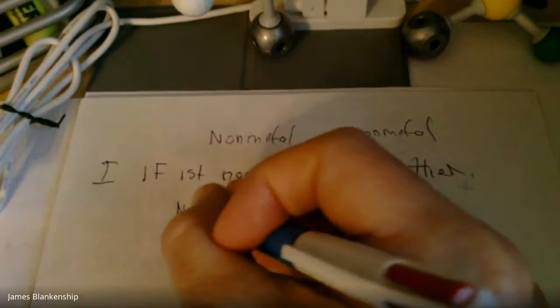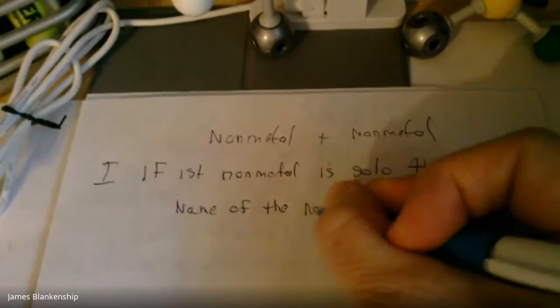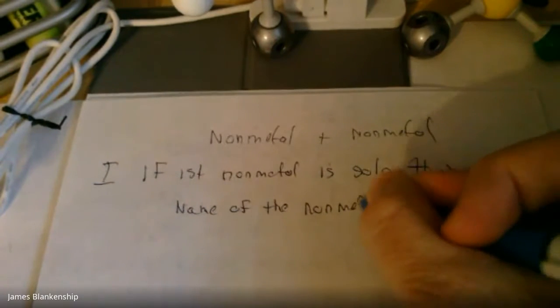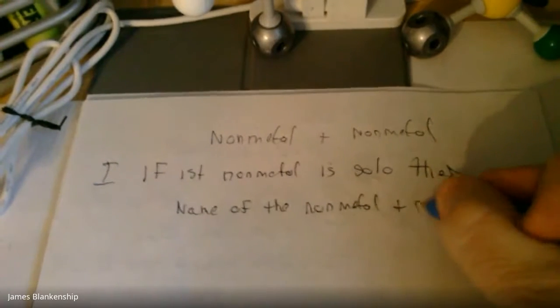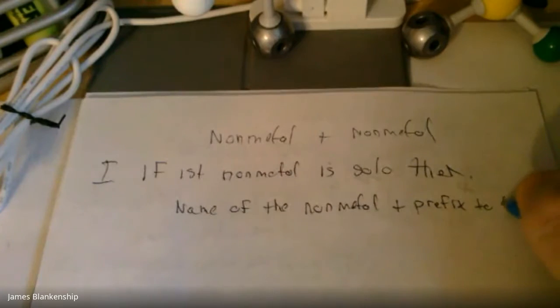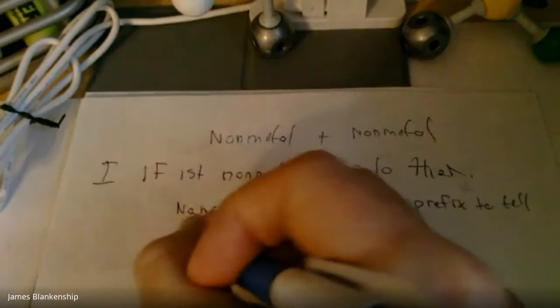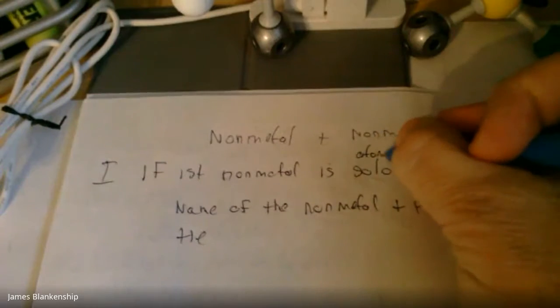We are going to say the name of the nonmetal plus, and now you have to add a prefix to tell it's a solo atom. That's what I'm talking about, solo atoms.